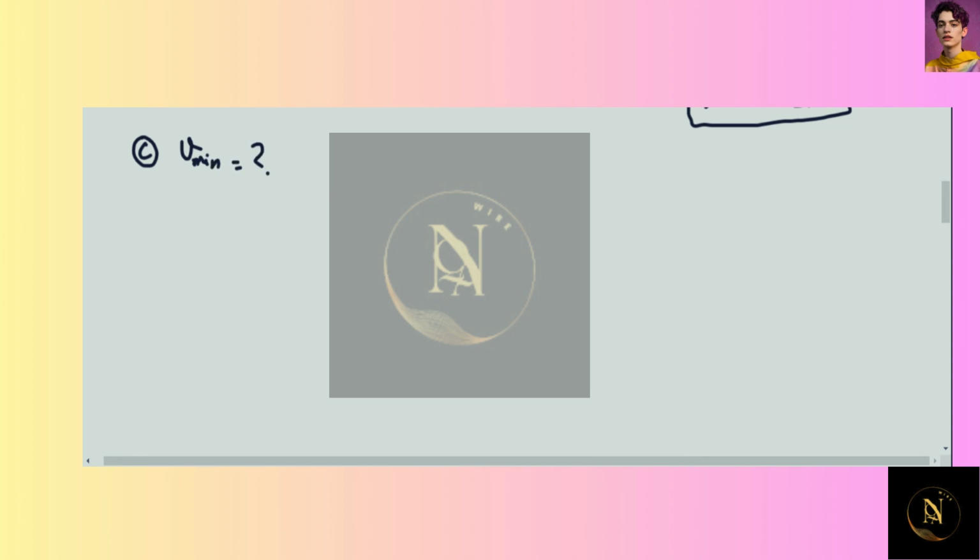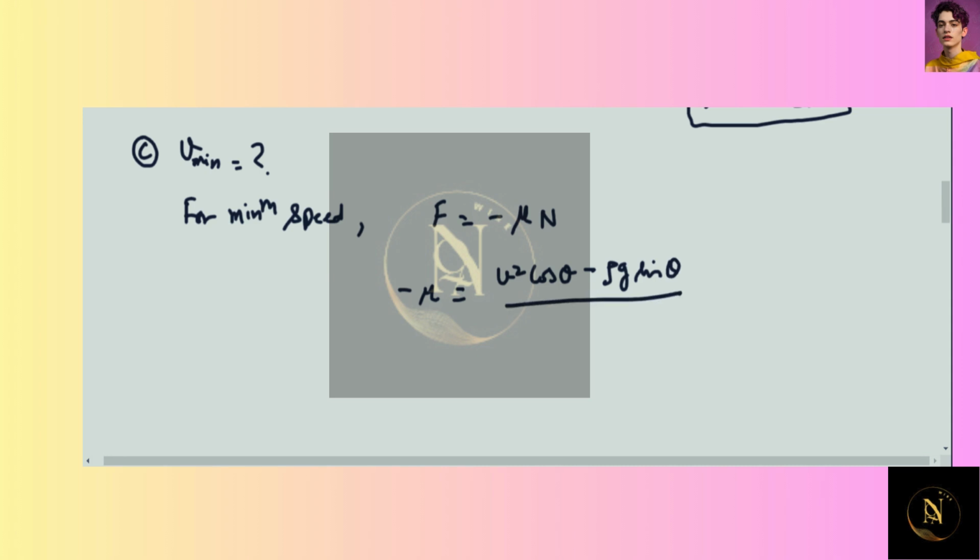So for minimum speed, F should be minus mu N. So minus mu is equal to v square cos of theta minus rho g sin of theta upon v square sin of theta plus rho g cos of theta.